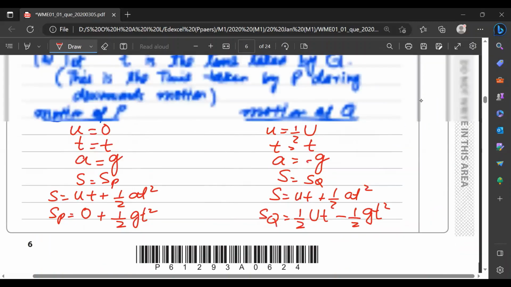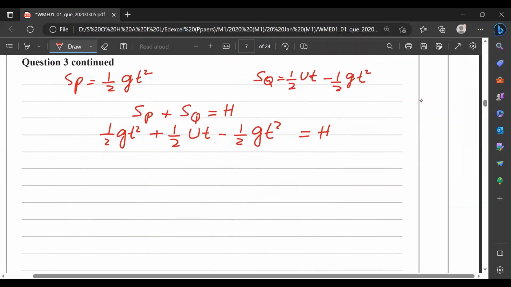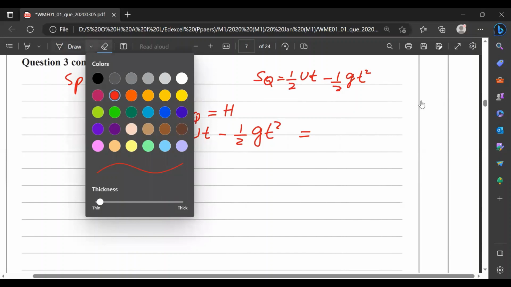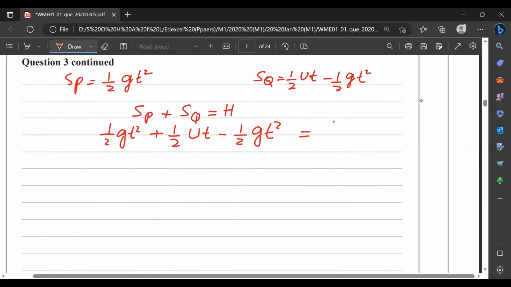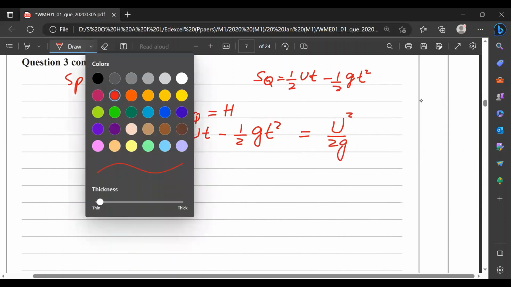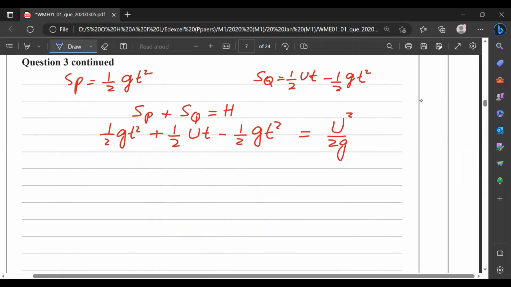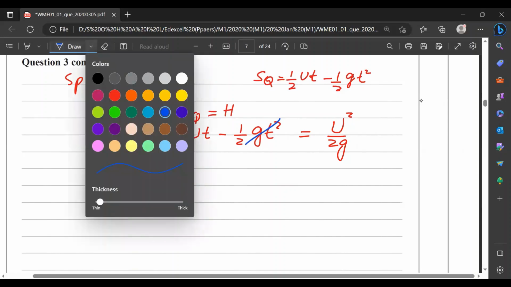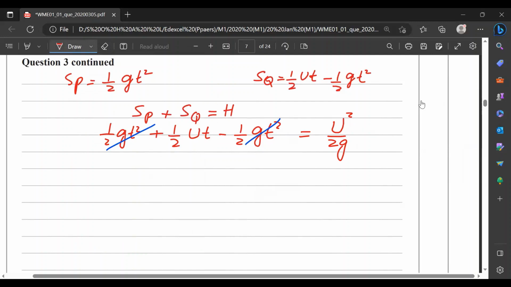And the H value is here, u square over 2g. So this cancels with this, and the next step is 1 over 2 ut is equal to u square over 2g.